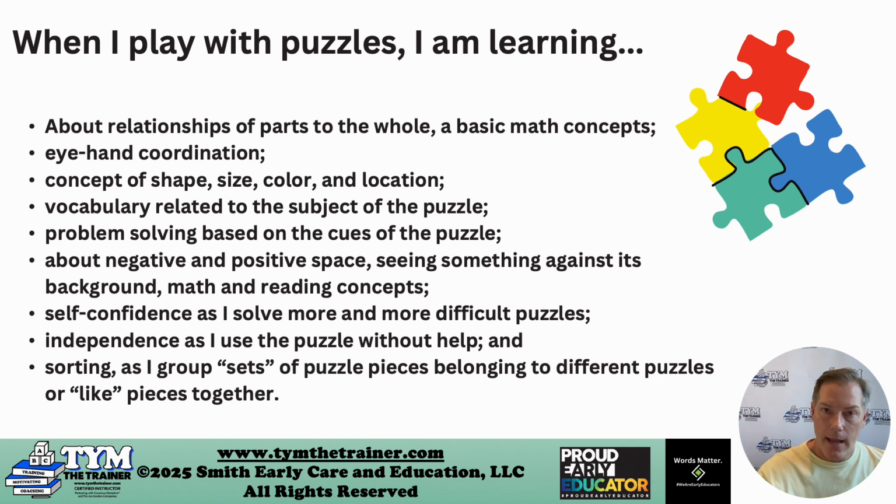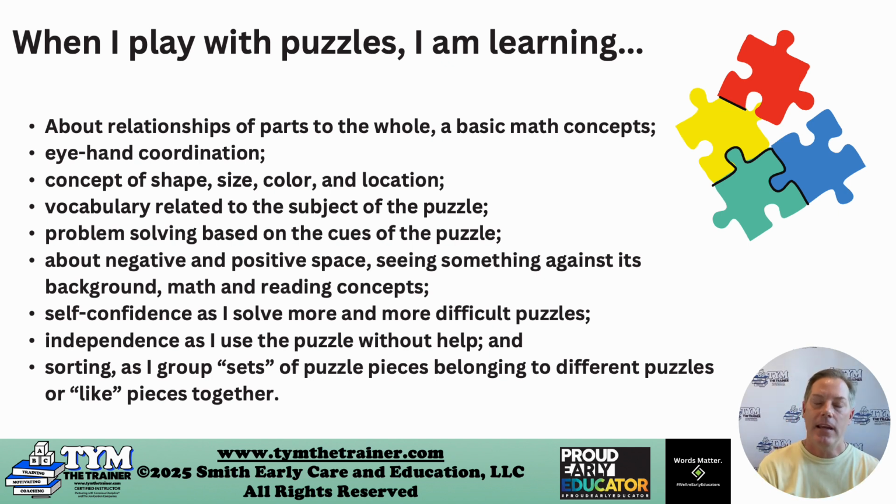Sorting. All right, how many of y'all, your puzzle pieces get all mixed together, right? Now, sorting it by like color, by like shape, right there as you group the sets of puzzle pieces. But then always before you put a puzzle out in the classroom, especially if you're in an older classroom and you've got 20, 25, 50-piece puzzles in a pre-K room or a school-age program, number or put some type of indicator on the back of the puzzle pieces before you put them out in the classroom.